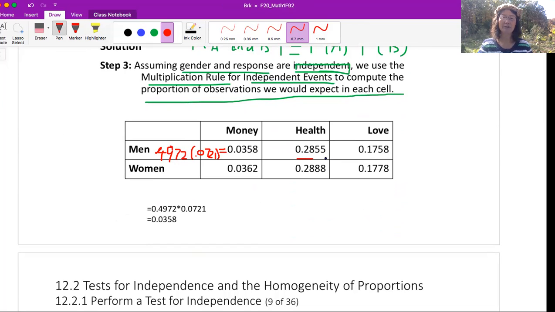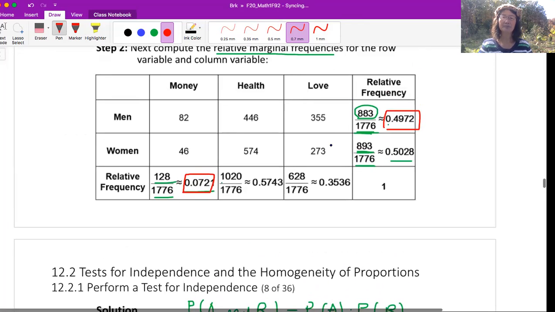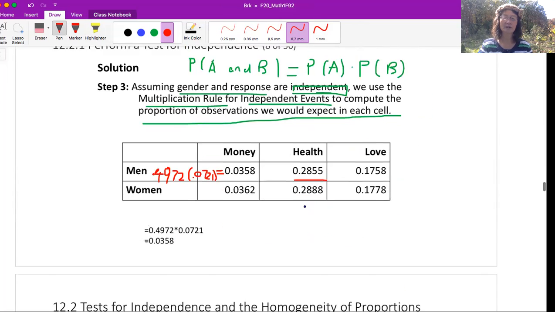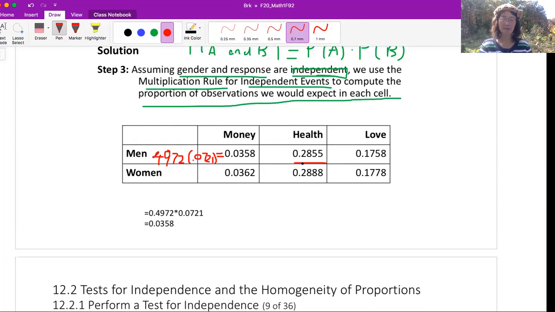Similarly, you can get 0.2855 using 0.4972 times 0.5743. Okay, so you get this number.